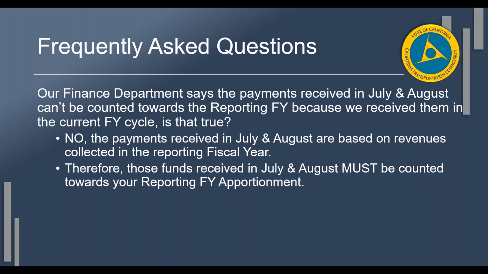We'll go ahead and discuss with them exactly why that is accurate and why they have to include the July and August. And again, there are letters on the state controller's office website under prior years' apportionment year-to-date information that instruct finance departments to account for it this way.